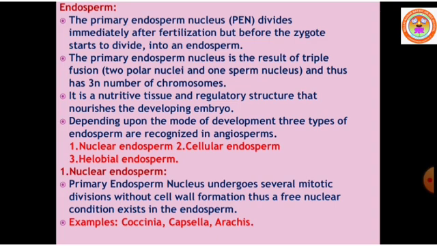Once the pollen tube reaches the embryo sac and enters it, and reaches the synergids, the pollen tube bursts and the first male gamete is released. The first male gamete fuses with the female gamete, the egg cell, and forms a zygote. That is fertilization. But the second male gamete is left in the pollen tube.